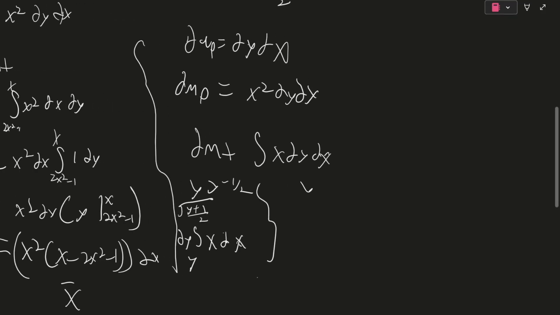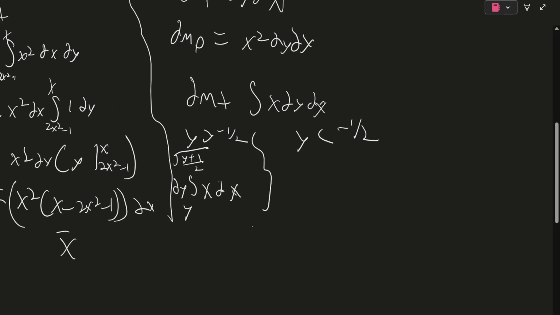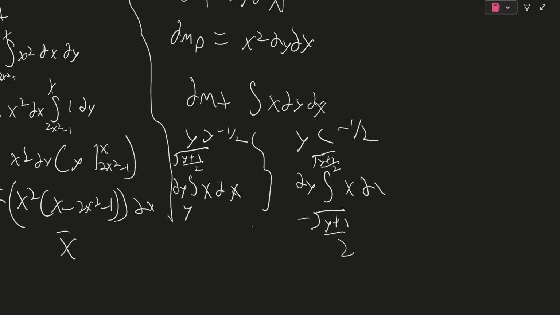And then whenever y is less than -1/2, we have dy times the integral from negative square root of y plus 1/2 to positive square root of y plus 1/2 of x dx.